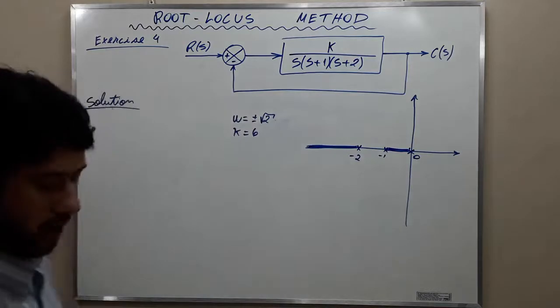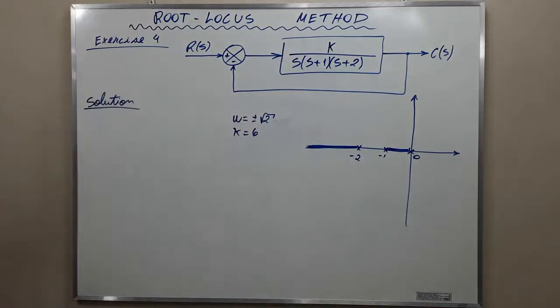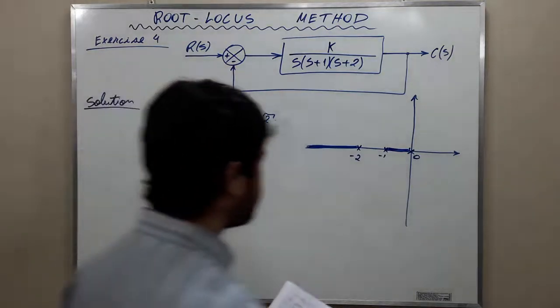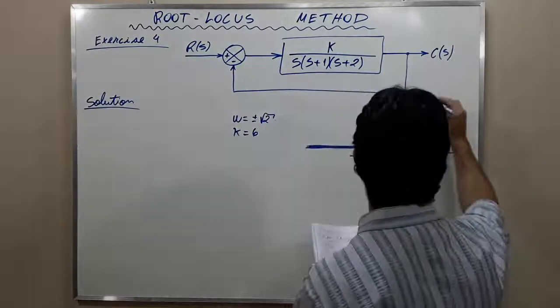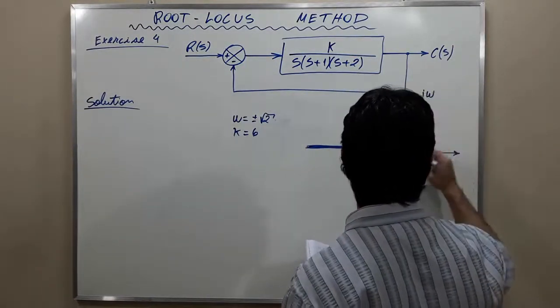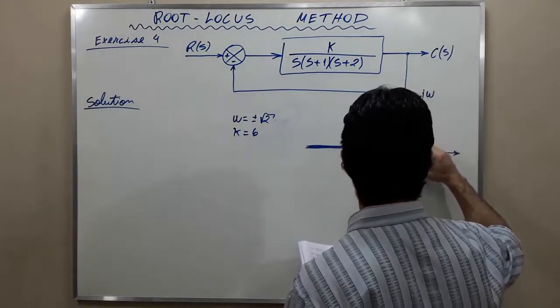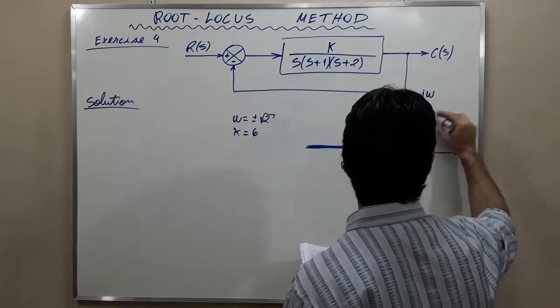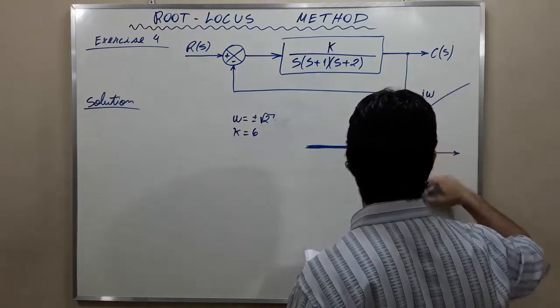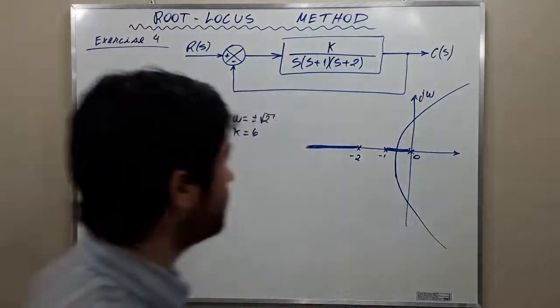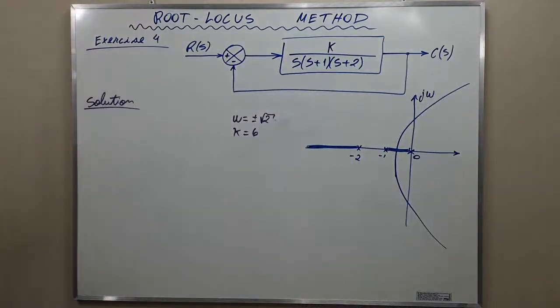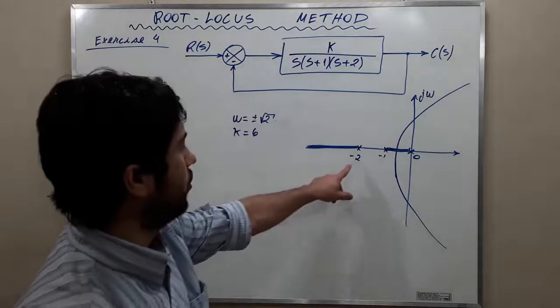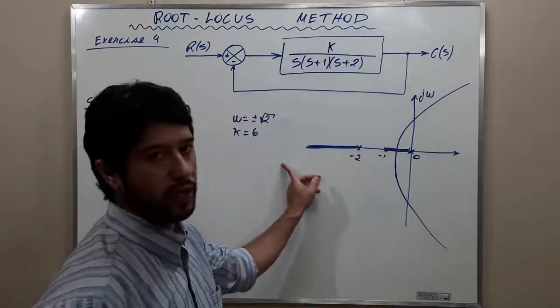Okay? And the other part of the root locus is this. Alright? This is the other part of the root locus. We have root locus from -2 to -infinity.